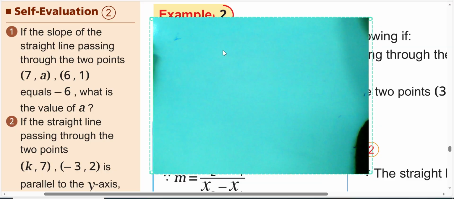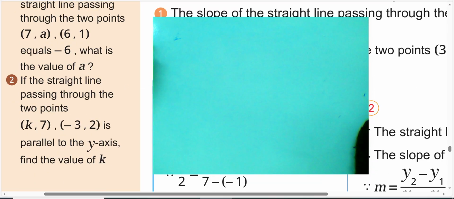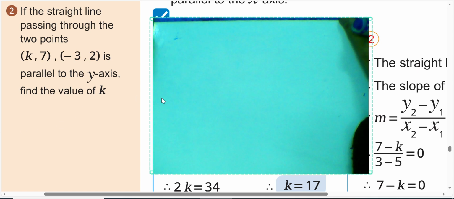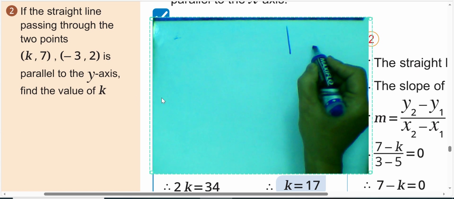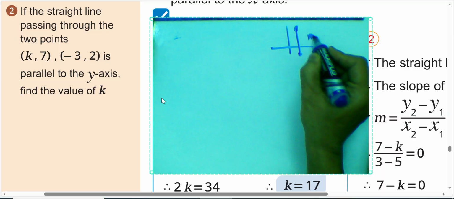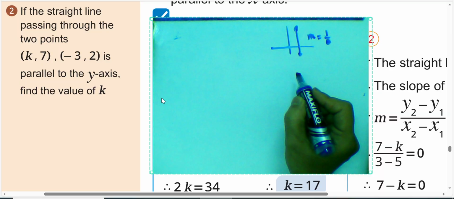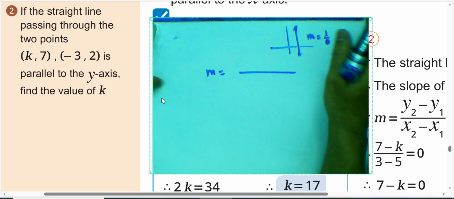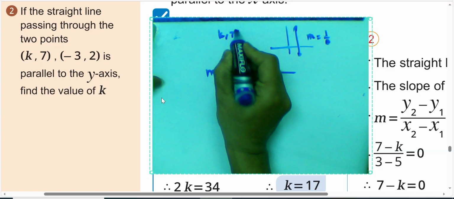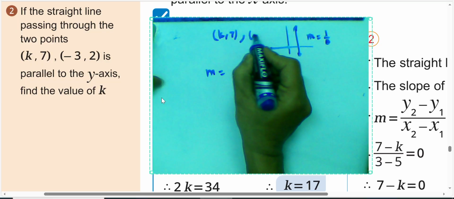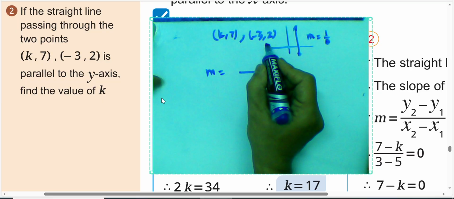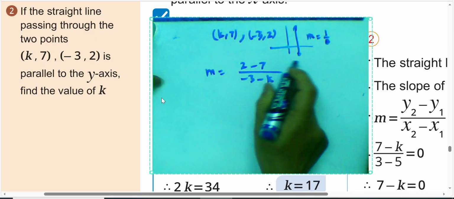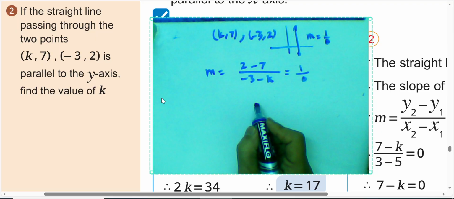Question number 2, self-evaluation number 2: a straight line passing through 2 points (k, 7) and (negative 3, 2) is parallel to the y-axis. Okay, the straight line is parallel to the y-axis, it means the slope will be undefined. Undefined means 1 over 0. Then the slope will be equal to, we have 2 points, (k, 7) and (negative 3, 2), 2 minus 7 over negative 3 minus k, equal to 1 over 0.